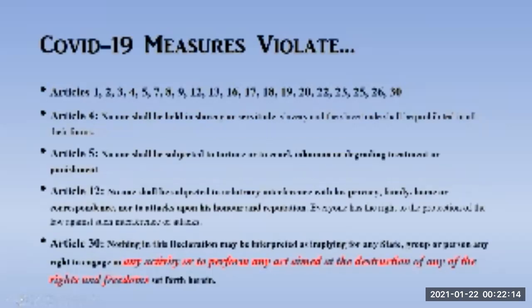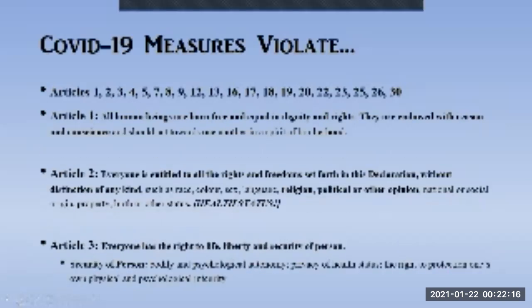So those are the first most important articles, and everything else connects to them. Everything else is tied to them. And as we talked about in part 1, all of the rights that are mentioned are indivisible and they are integrated. They are part and parcel of each other. So the enjoyment of one is the enjoyment of others. And if you repress one, you are going to be in violation of the others.